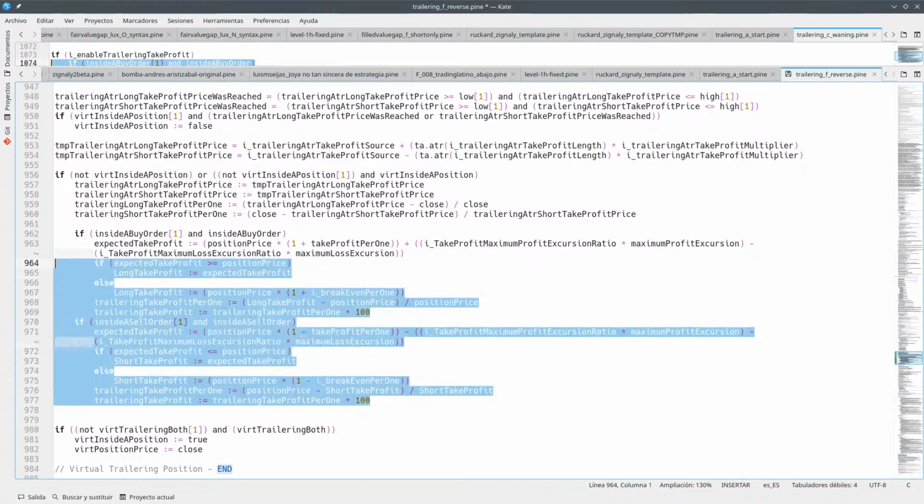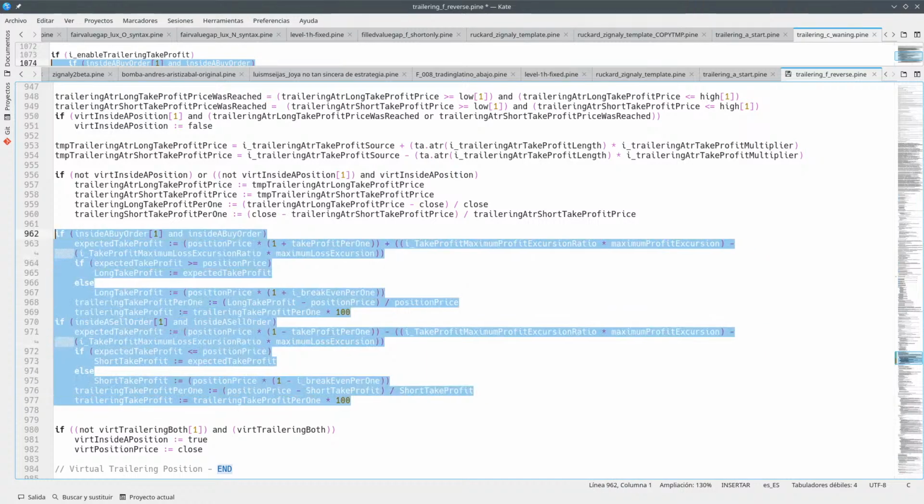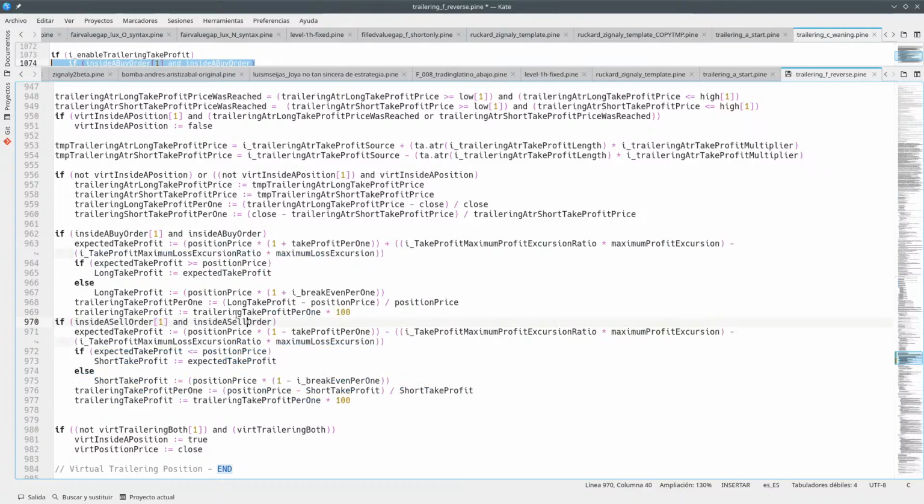So we want all of this to be done always, because that's how it works. So we only want this to be run if we are just about to be in a position.